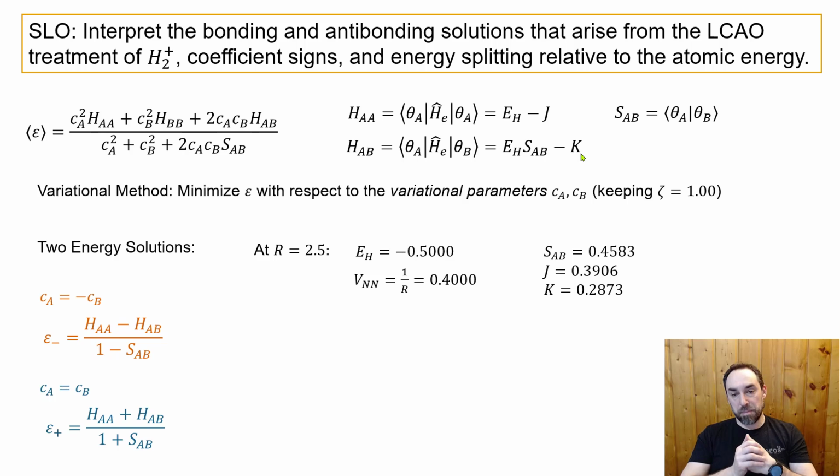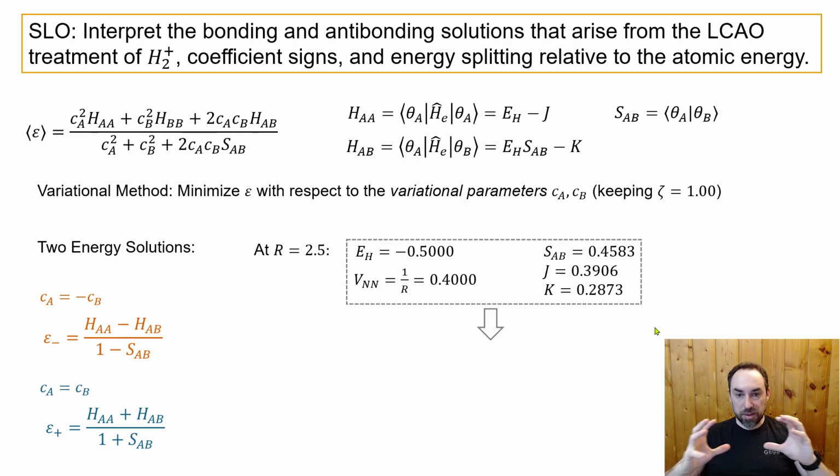For this special case of H2 plus, they are simple enough that we can calculate them analytically, with just pencil and paper basically. And it turns out that these are the values. These J and K are in Hartrees, and S is just an overlap integral. So we can calculate this number, bottom line here.